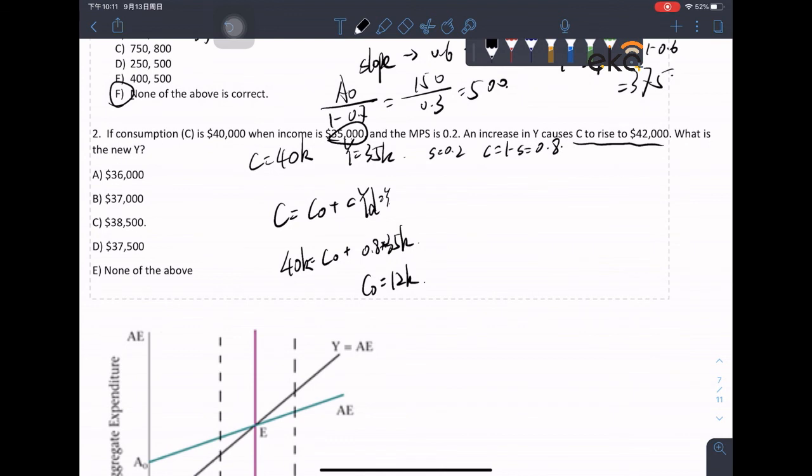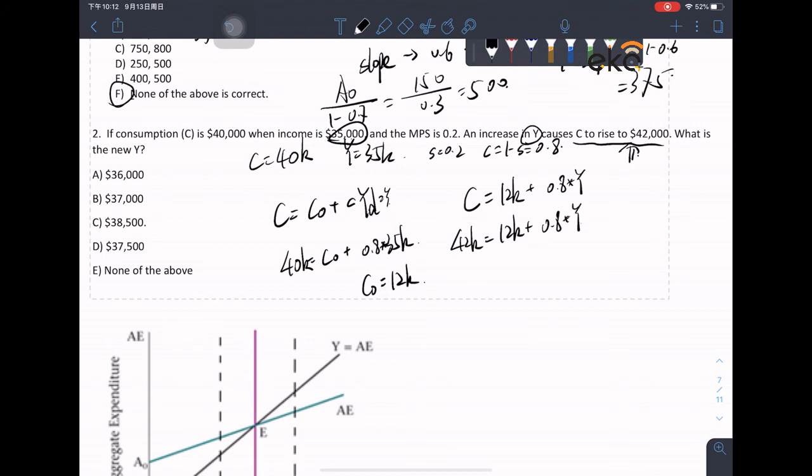Then we have C equals 12K plus 0.8 times Y. And increasing Y caused C to rise to this amount. So the new C is 42K equals 12K plus 0.8 times Y. 30K over 0.8 is the new Y, and Y is 37,500. Okay, D.